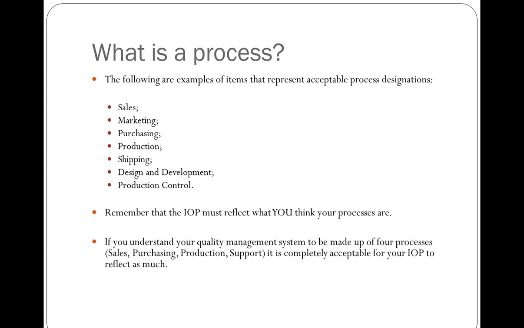Now, I do want to emphasize that in terms of naming the processes, that is absolutely at the discretion of the organization. And we're going to demonstrate that in a little bit when we dig further into the presentation.